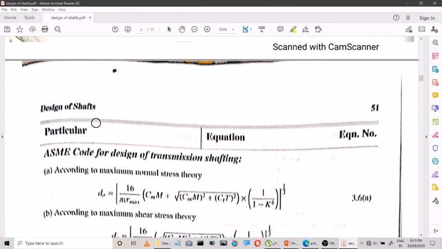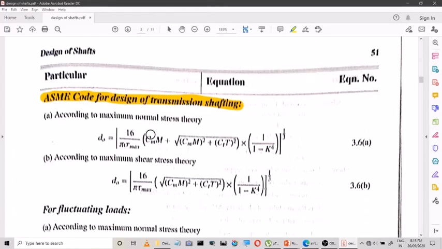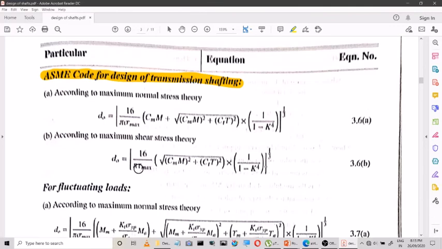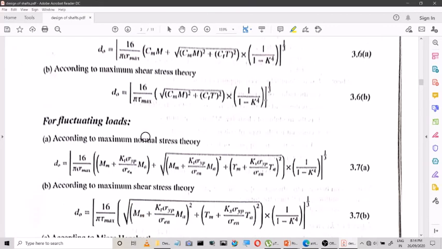Now suppose you want to design the shaft based on the ASME code. According to the maximum normal stress theory, 16 divided by pi sigma max, and 16 divided by pi tau max.